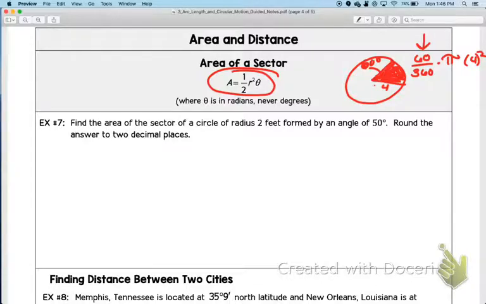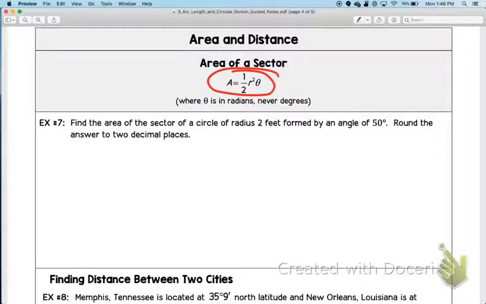Okay, so here's our formula. So our area of a sector, instead of doing it with degrees, we just take 1/2 times your radius squared times theta, which theta needs to be in radians, never, ever, ever in degrees.